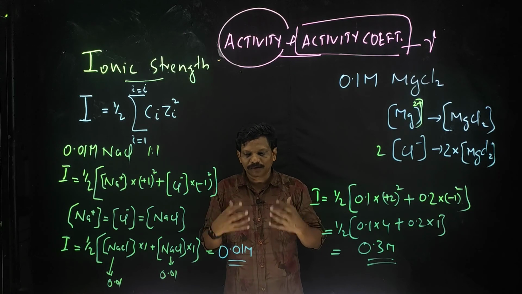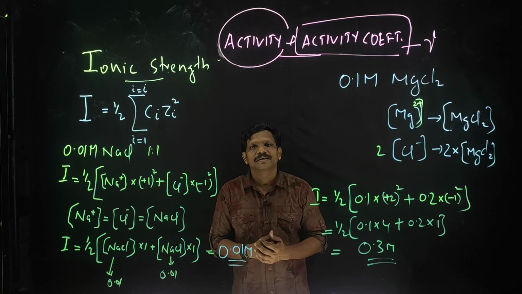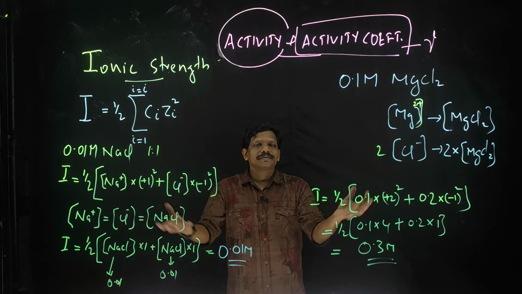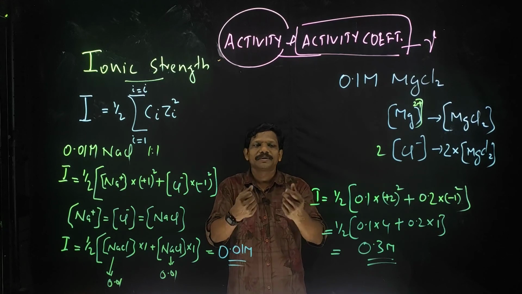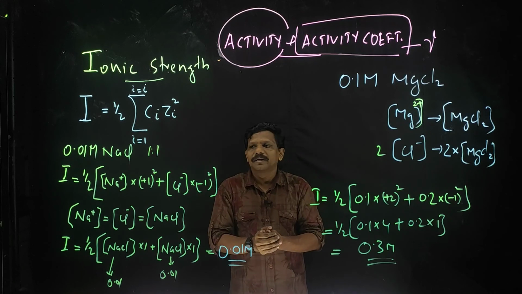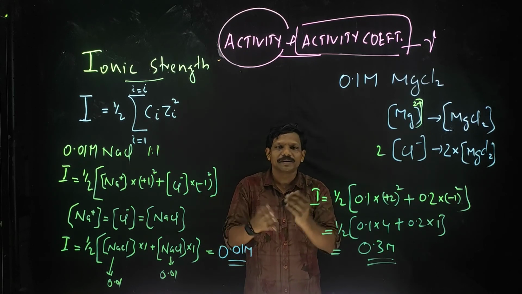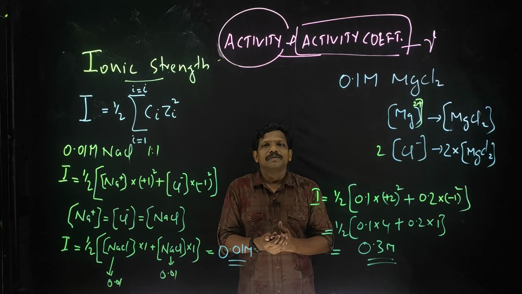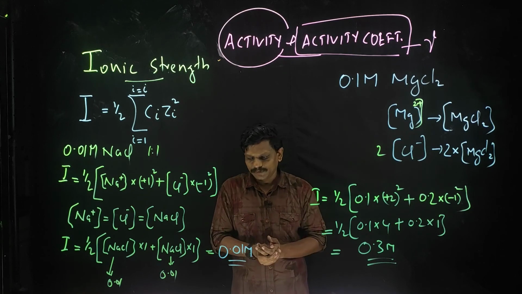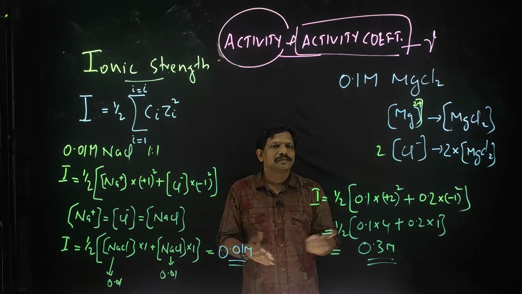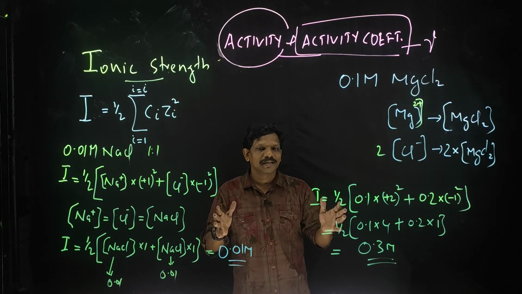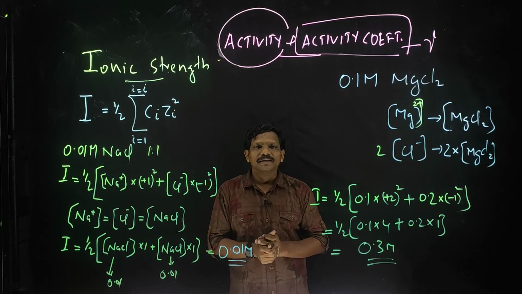There, to explain concentration we need a term called activity, and all these parameters, activity coefficient, mean activity coefficient, ionic strength, we need for the explanation of Debye-Huckel theory. In the next class I will tell you about the origin of Debye-Huckel theory and its explanation and application. Thank you.